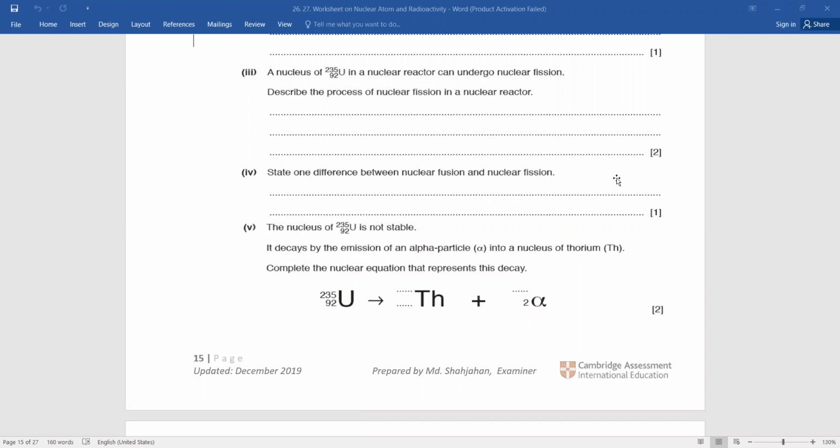Sir, fission in power stations, right? Yes, nuclear fission in power stations and nuclear fusion in stars. Yes. Yeah, continue 5.